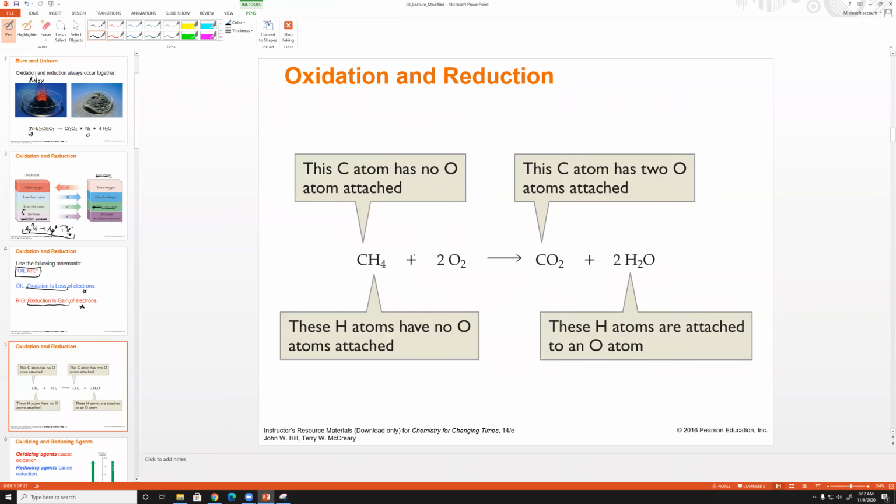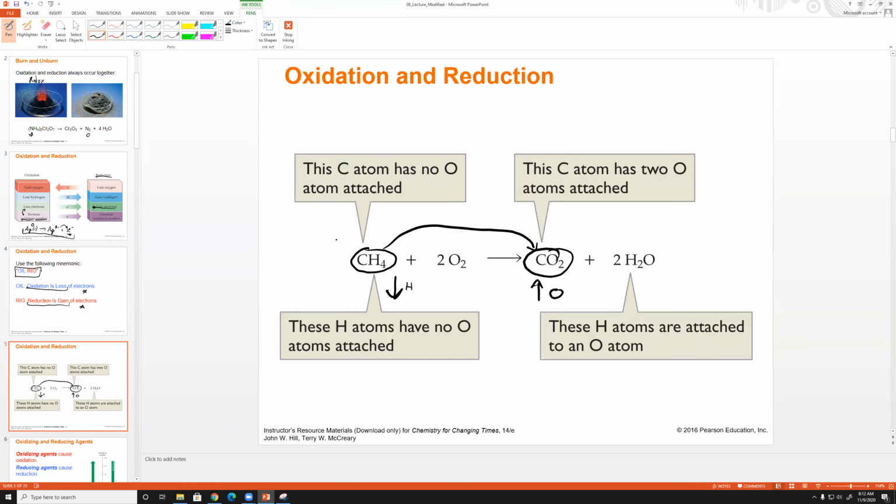So if you take this CH4, and you follow the carbon from the left to the right side of the equation. So here's carbon on the left with CH4. Here's carbon on the right as CO2. What's happening? It's losing hydrogens and it's gaining oxygens, right? What does that mean? That means it's being oxidized, losing hydrogens, gaining oxygens, oxidized.